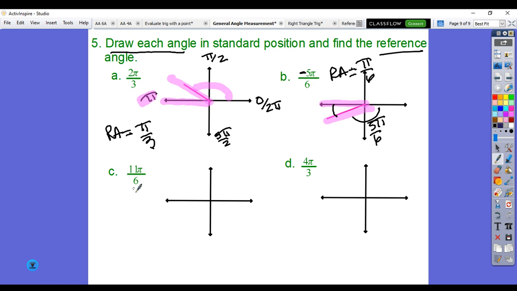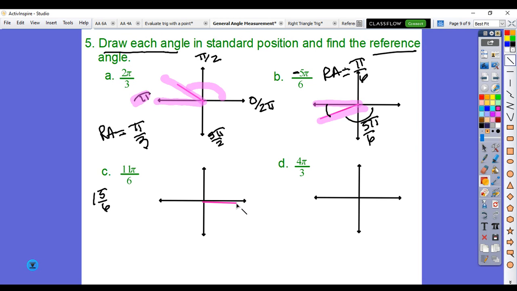All right. 11/6. I think with radians, it's helpful to rewrite it as a mixed number. 6 goes into 11 one time and 5 left over. 1 and 5/6. Probably the most difficult part of radians is the fraction part. If you understand fractions, this will be very easy.